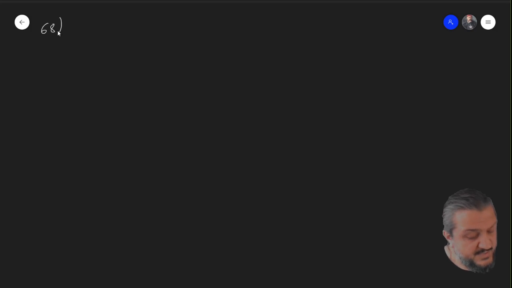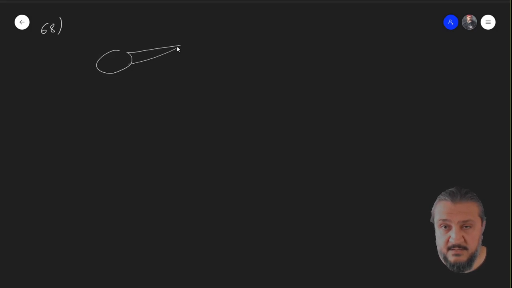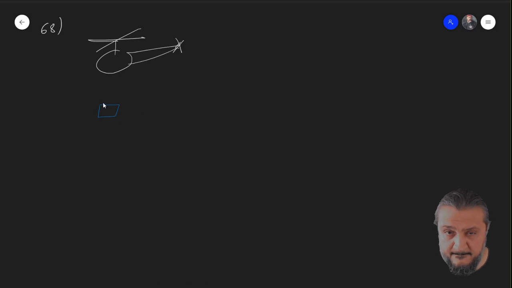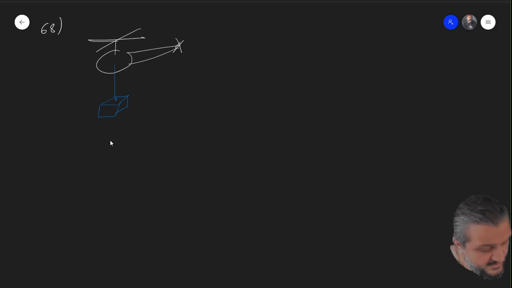One crate with a mass of 200 kilograms is attached to the helicopter by a cable. So let's try to draw the helicopter here, and the crate, attached to the helicopter by a cable, it says. And that is 200 kilograms.